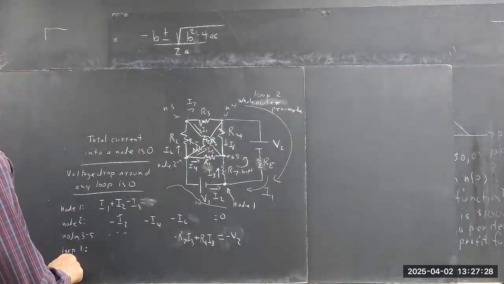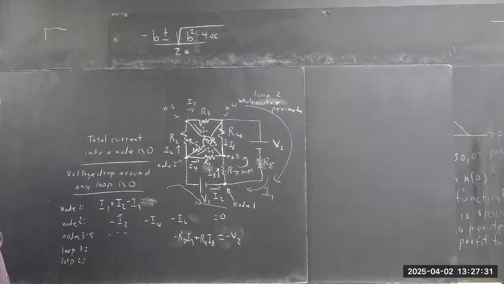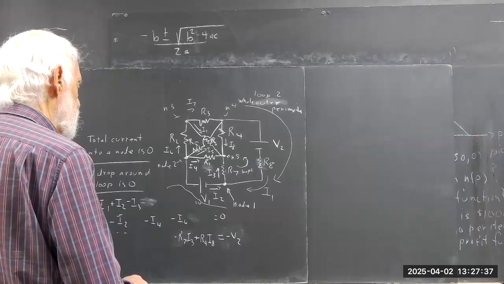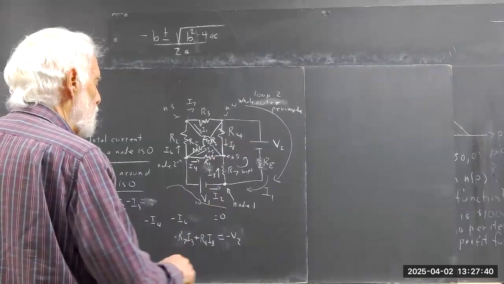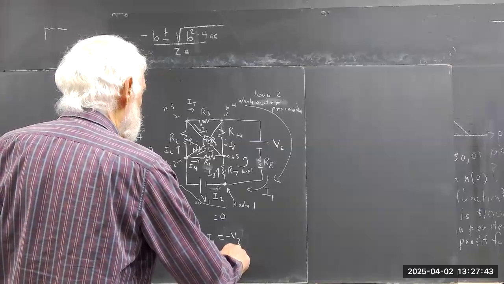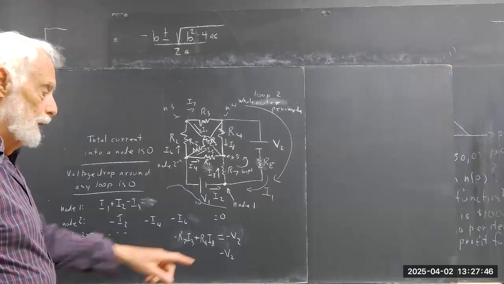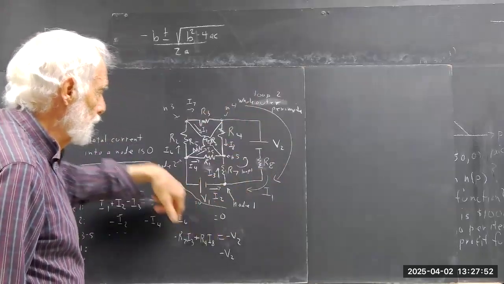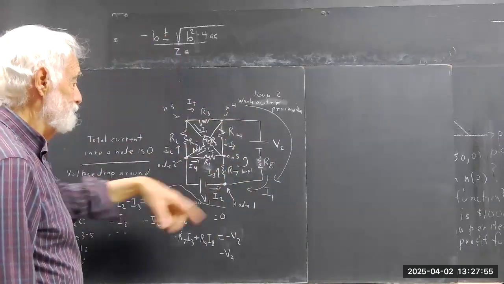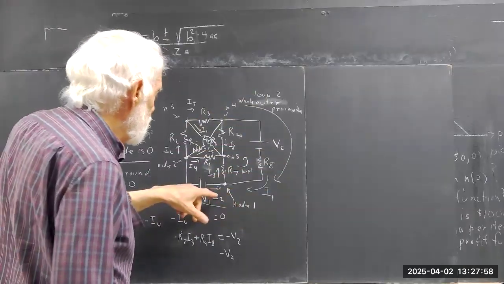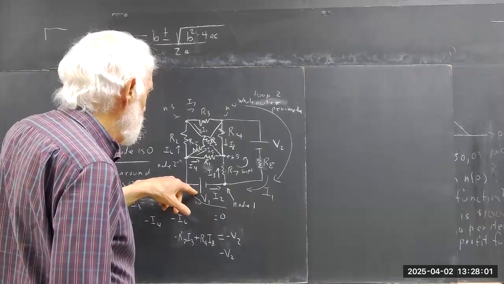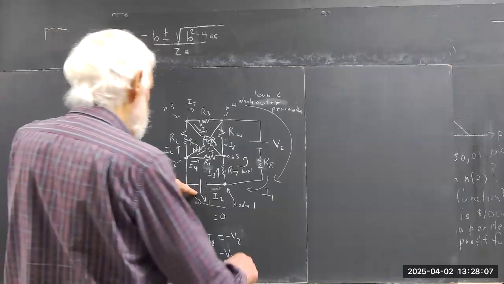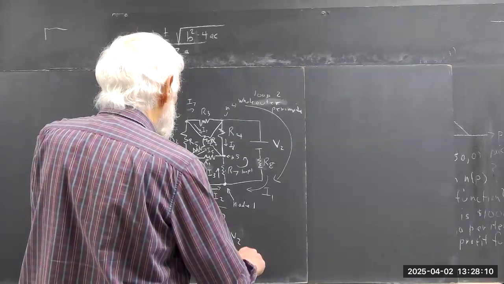So for loop 2, for here in the end, I'm going to get a minus V2. Not with an equal sign. It's going to be a voltage rise, which is a negative voltage drop. I'm going to run that loop in this direction. That's just a characteristic of the direction I chose. Then I'm going to have plus V1.